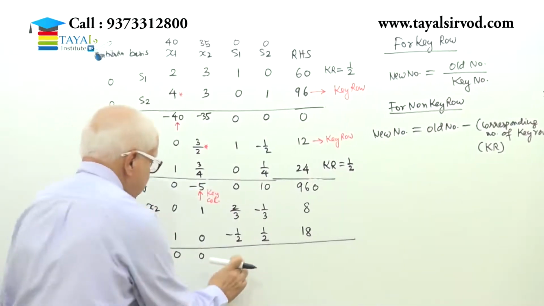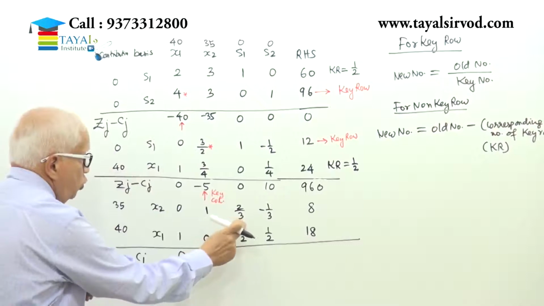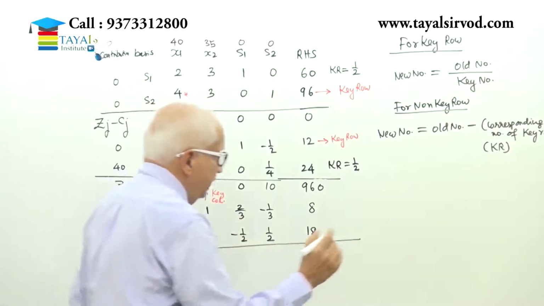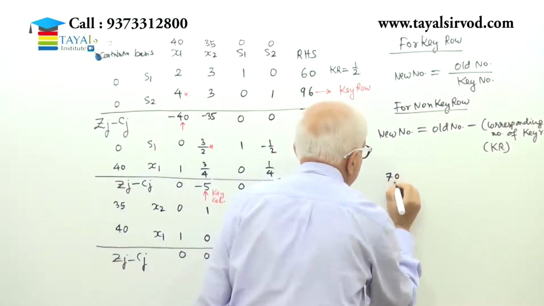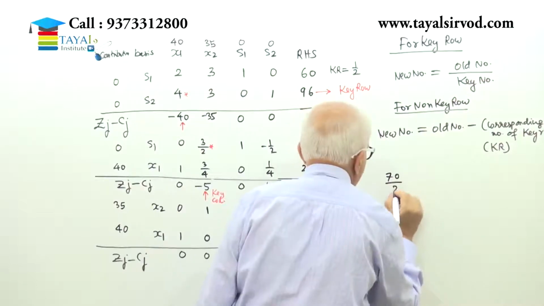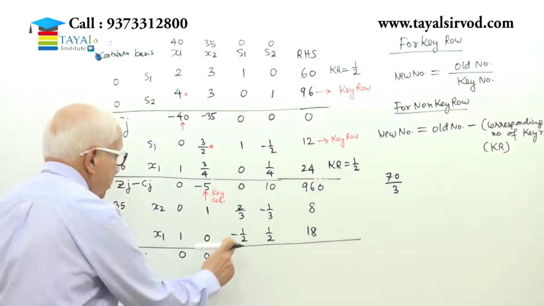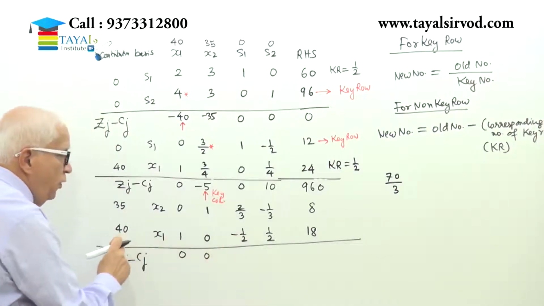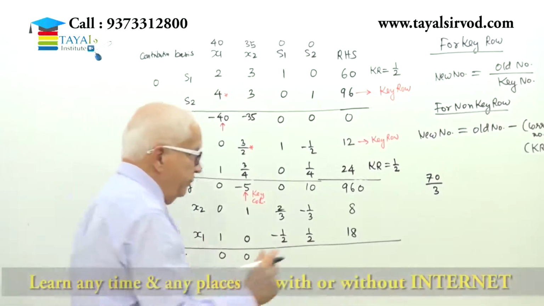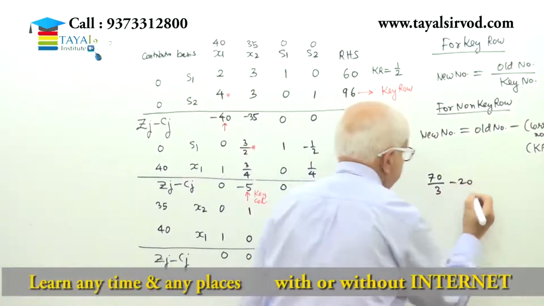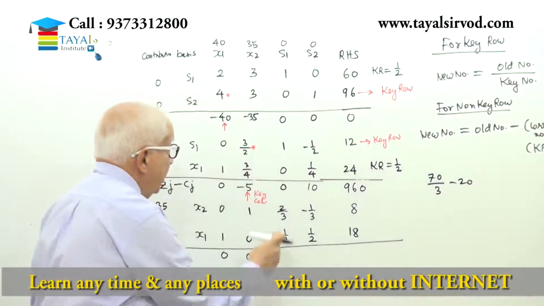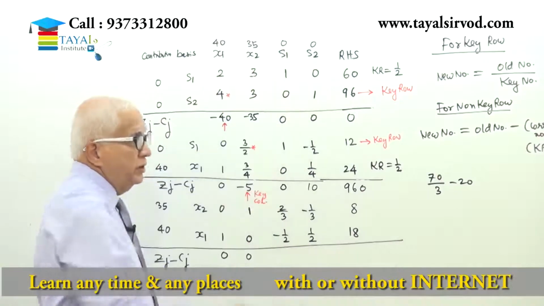You know how to calculate these numbers now. 2 by 3 into 35, 35 into 2 is 70. Okay, then minus 1 by 2 into 40 will be minus 20. Okay, and minus what is appearing at the top, which is 0.